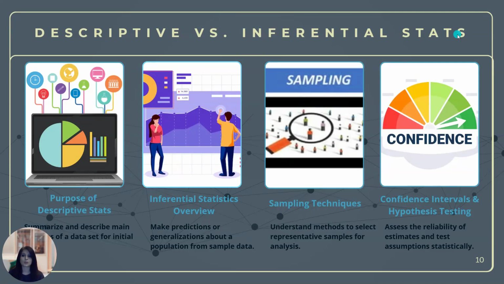Inferential statistics would be more about prediction or generalization about the population from sample data. Sampling techniques would be used to represent samples for analysis. So you have a large data set, but you would be taking small samples in order to have some analysis or some prediction about what the data is about and what are the ways to use it in order to draw the right conclusions about the data.